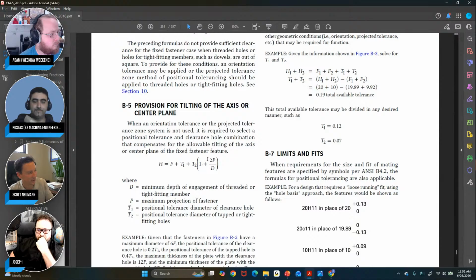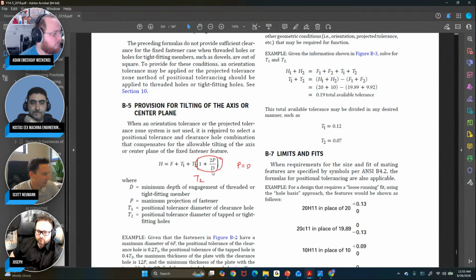And that's that extra little formula, or provision, that I was talking about, 1 plus 2B over D. And I was like, yeah, why should we use a projected tolerance zone if we could just reduce the tolerance a little bit? But what if P equals D, like my example? If you plug in P equals D, T2 becomes a 3 times multiplier.